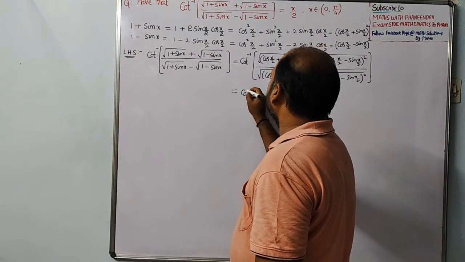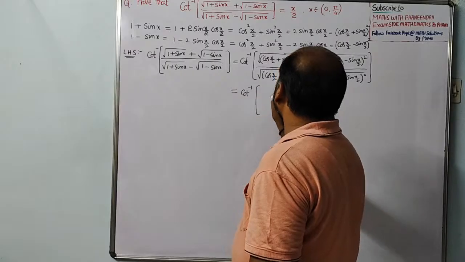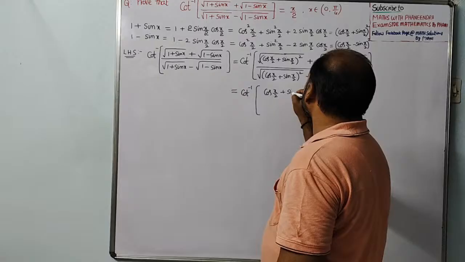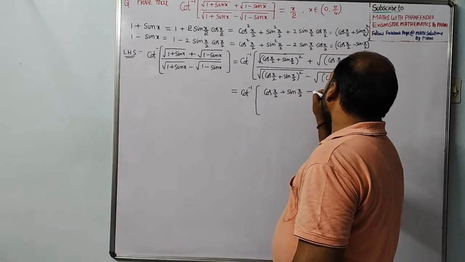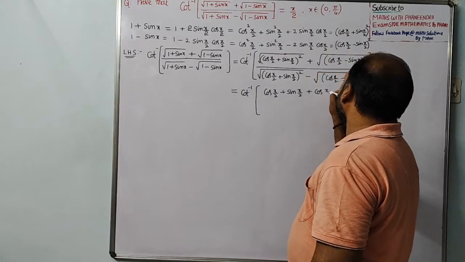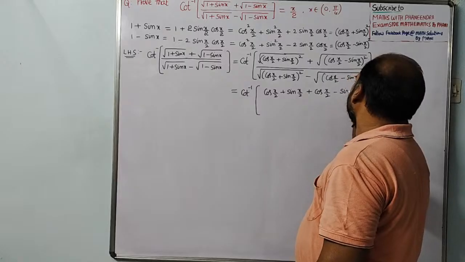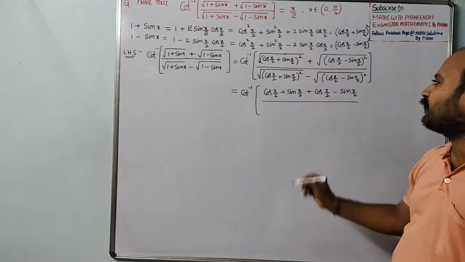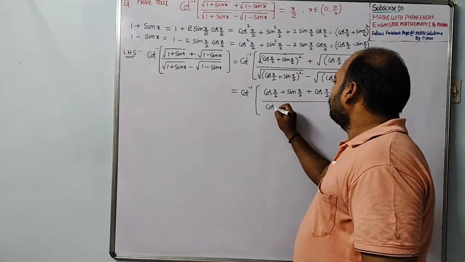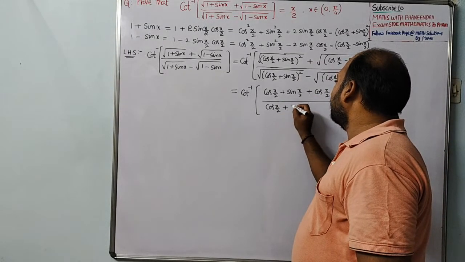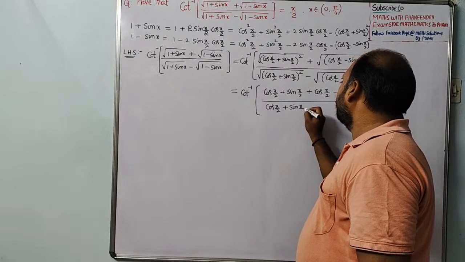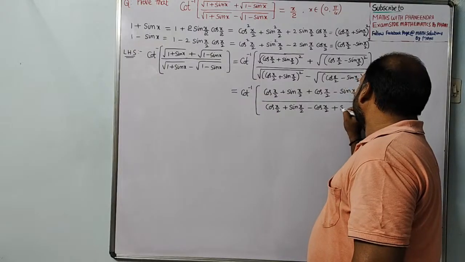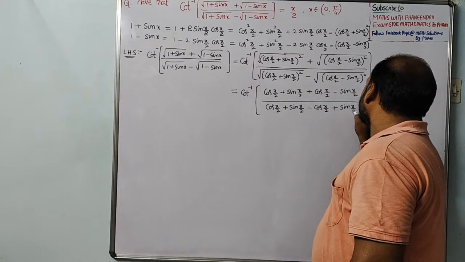You will get cot inverse of (cos x by 2 plus sin x by 2 plus cos x by 2 minus sin x by 2) divided by (cos x by 2 plus sin x by 2 minus cos x by 2 plus sin x by 2), minus of minus.